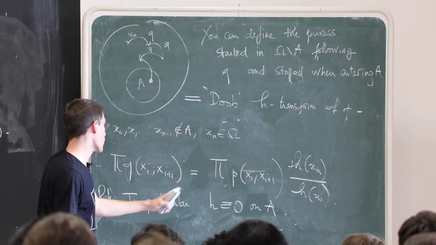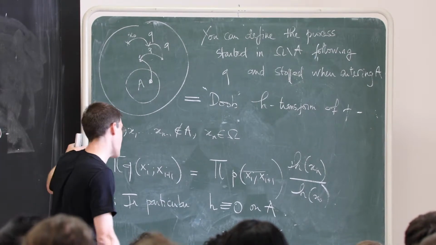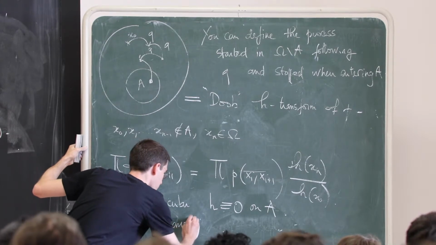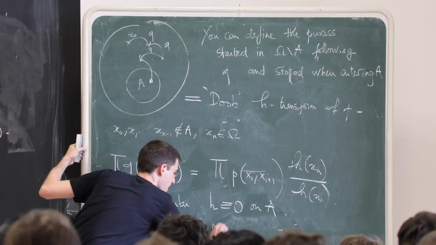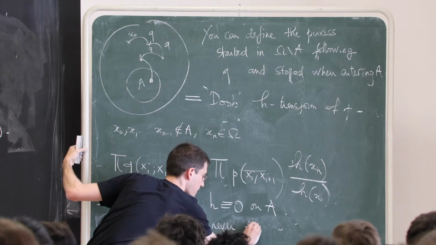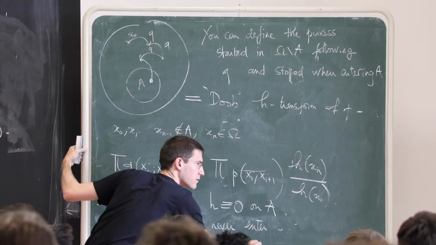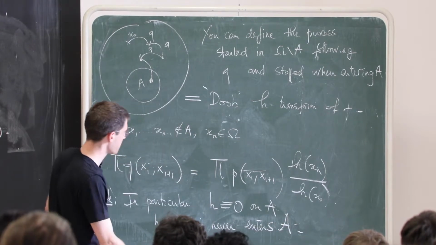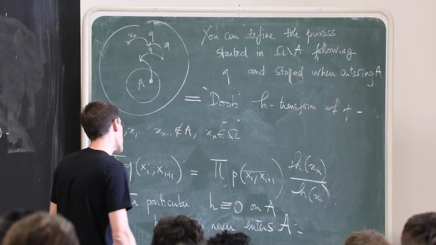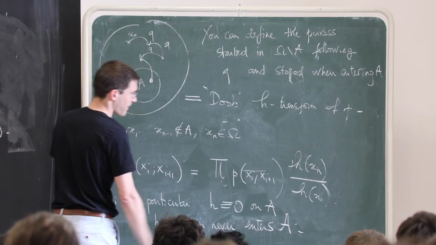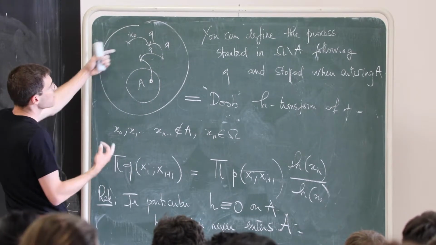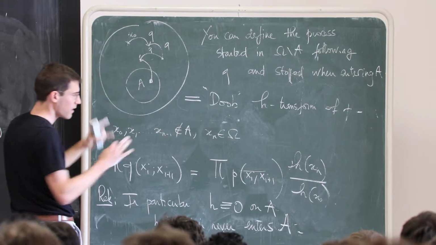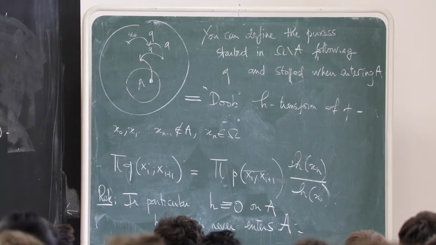Right? So if your harmonic function is null on A, the H transform never enters A. And so we can think of this chain as the initial chain conditioned not to enter A. And we'll justify this in a minute.